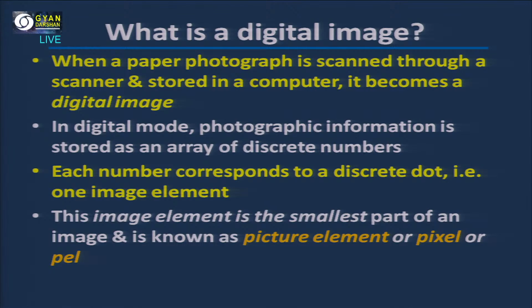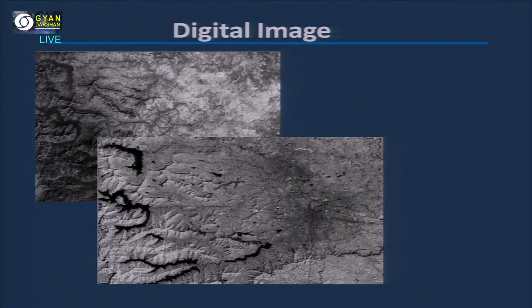Each of these numbers corresponds to a dot, which we call one image element. This image element is the smallest part of an image and is known as a picture element, or pixel, or fel.